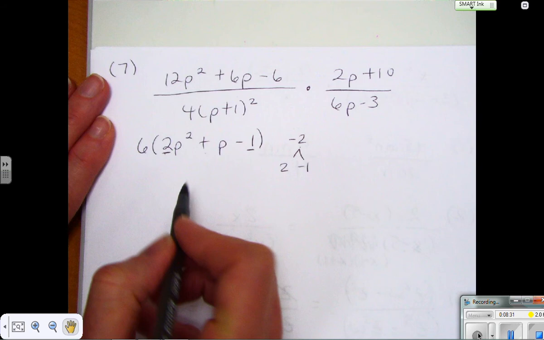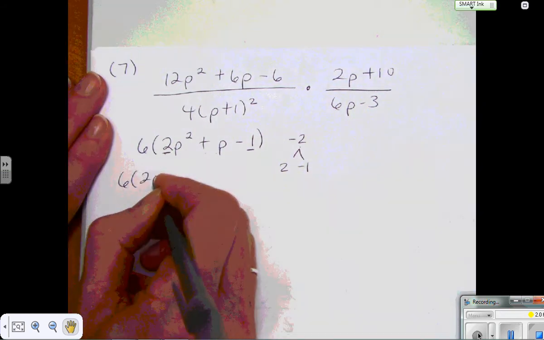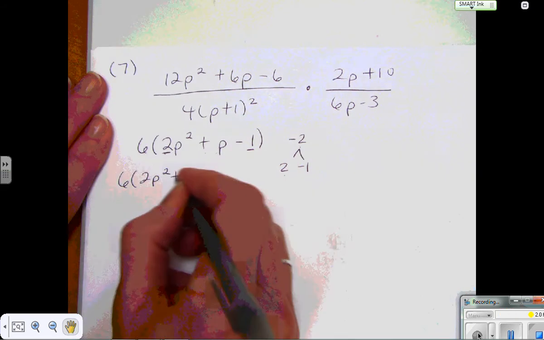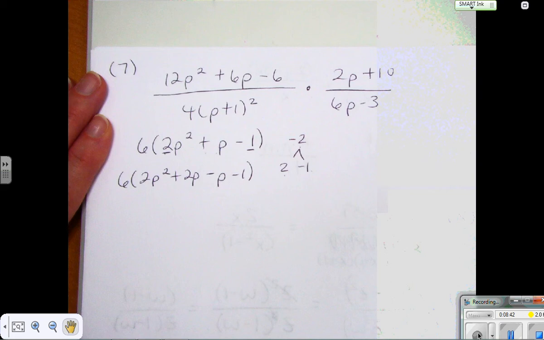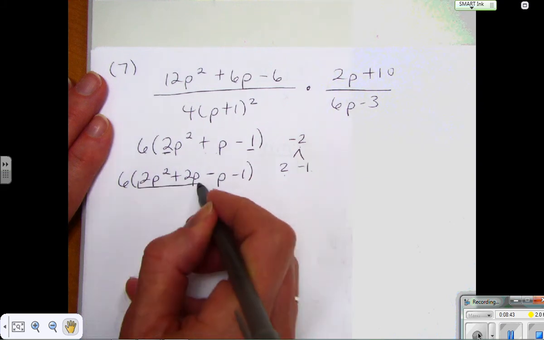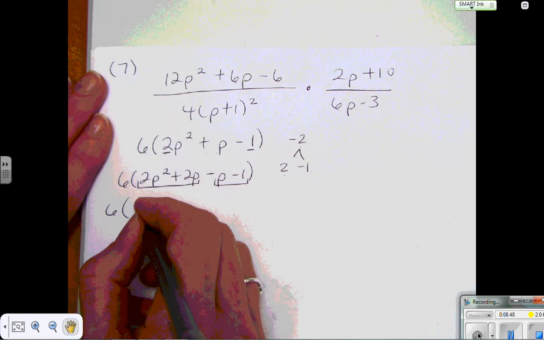So what I'm going to do now is expand that middle term. I'm going to use plus 2p minus 1p minus 1. And now I can group and factor. That 6 is just going to stay out in front for right now.